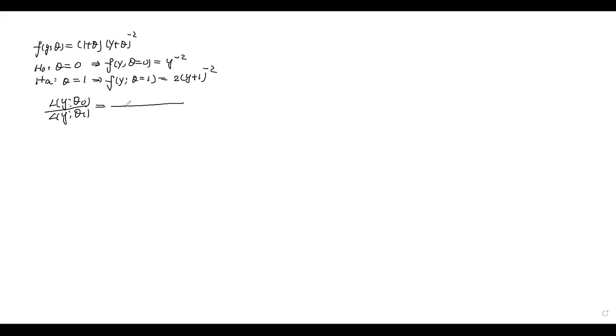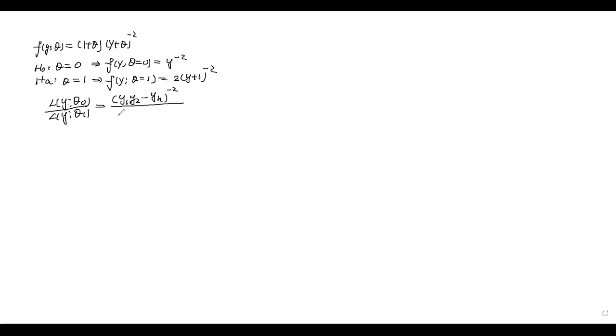So the likelihood function under the null hypothesis with the sample y1 to yn will just be y1 times y2 times yn, all to the negative 2 power.